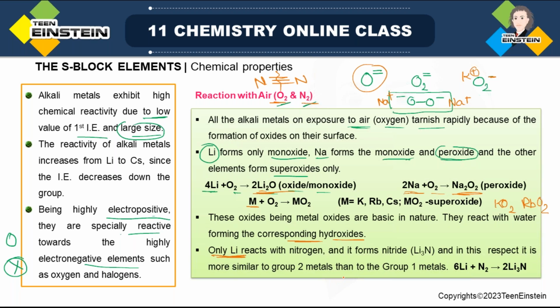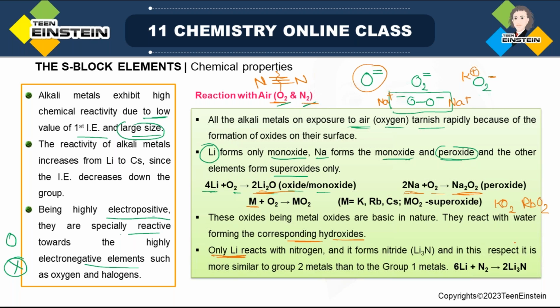And only lithium reacts with nitrogen. If you are wondering why it behaves differently from the other alkali metals, there is a reason. When we study group chemistry, groups 1 and 2 in the S block, and then 13, 14, up to 18 in the P block, you will see that the first member of each group behaves differently from the other members of its group.